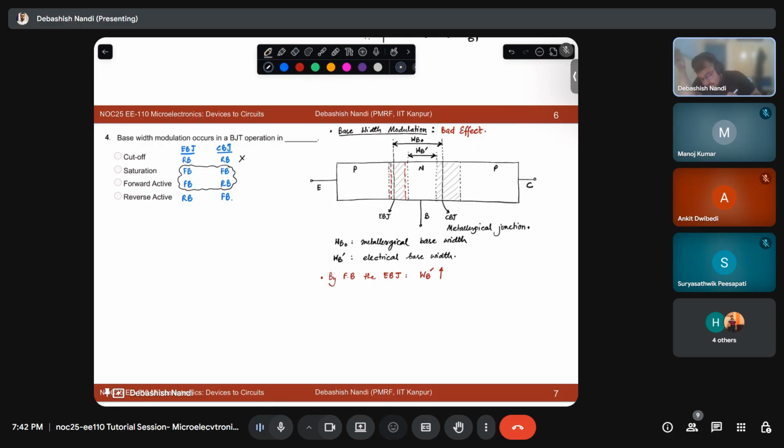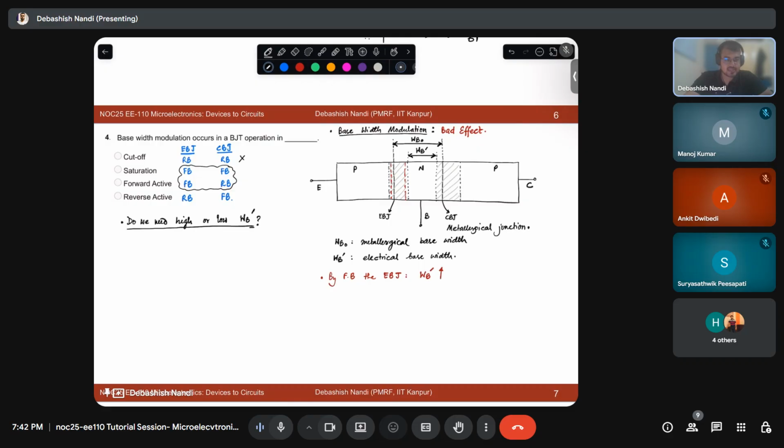And another thing, do we need high or low WB dash? We have discussed just a couple of questions back.